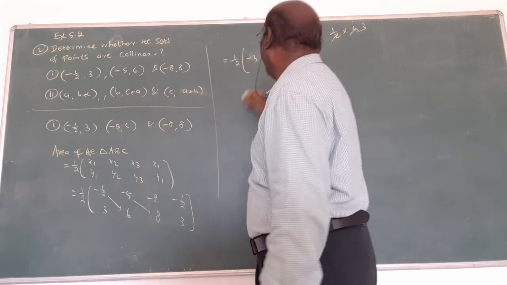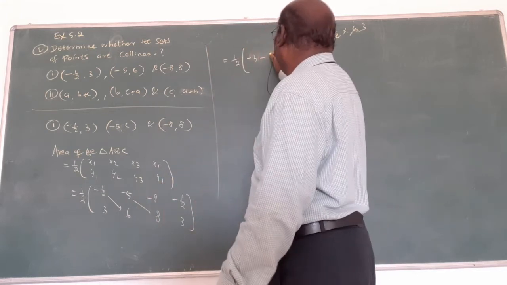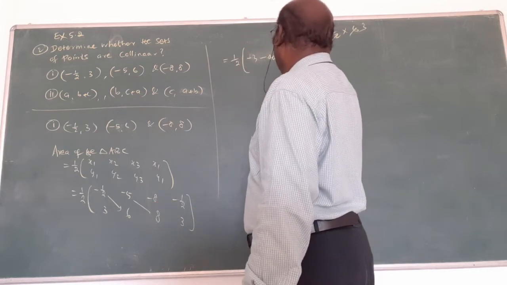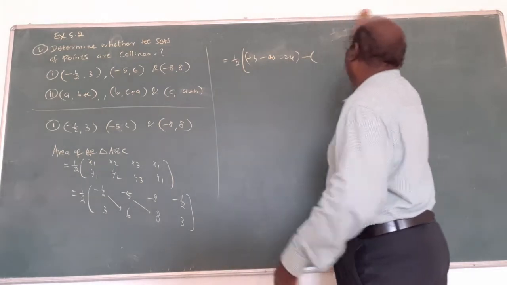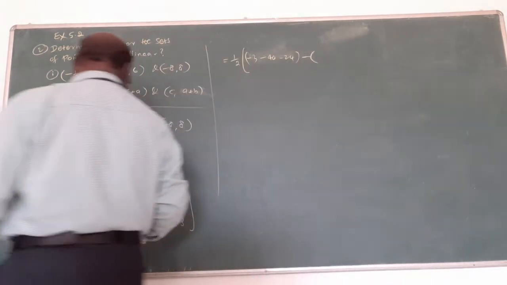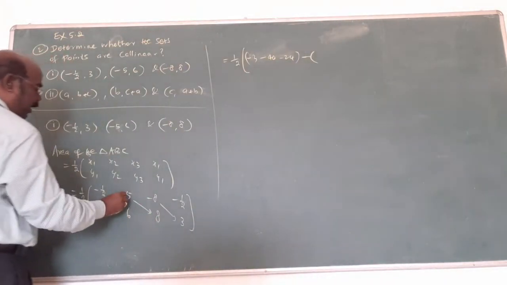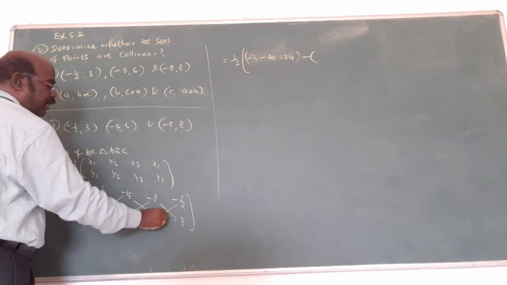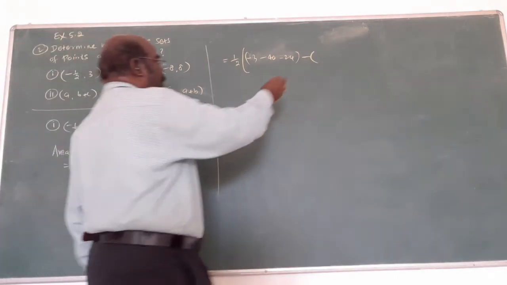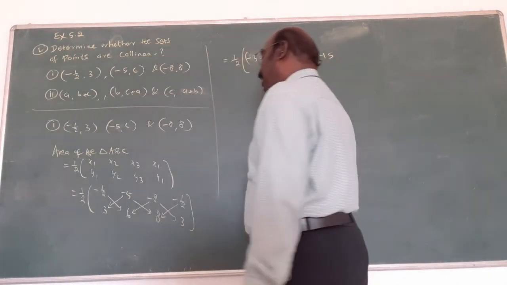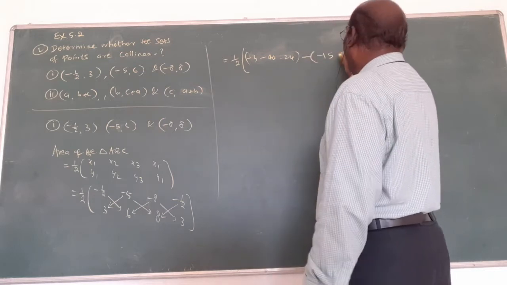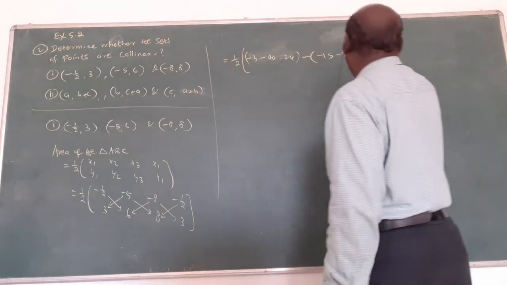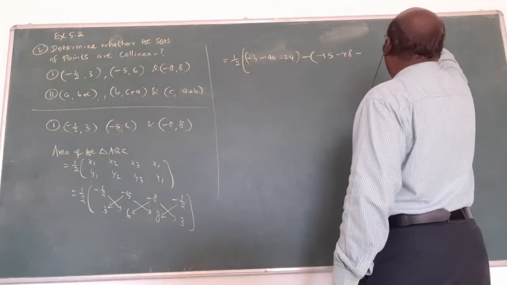Minus plus only minus. 5 is a 40. Again, minus 8 into 3, minus 24. First one over. Next step. This is another one over. Next step. Minus 5 into 3, minus 8 into 6. Then minus 5 into 3, minus 15. Minus 8 into 6, minus 48. Next step, minus 1 by 2 to half. Minus half into 8, cancel 4 times.